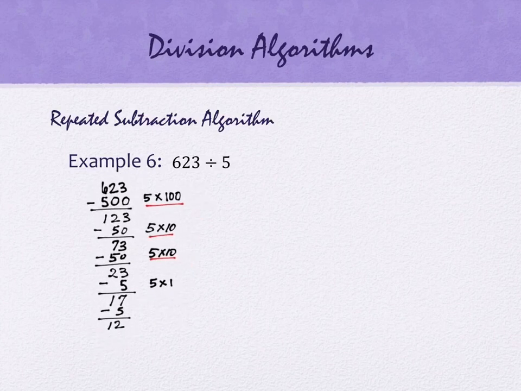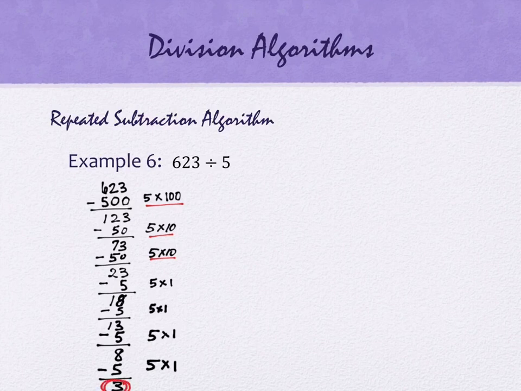So I did 5 times 1 here. Oh, did I write something down wrong? I moved too fast. Thank you. 18 and 13. There we go. Then we've got another 8. And eventually I get to the point where I cannot subtract another 5 and I'm stopped.